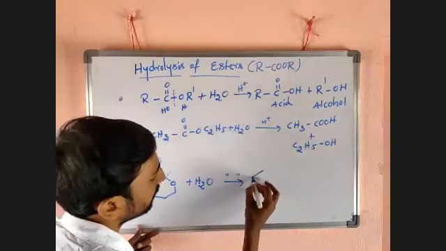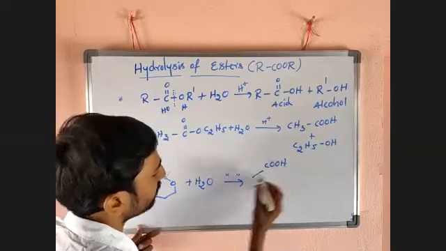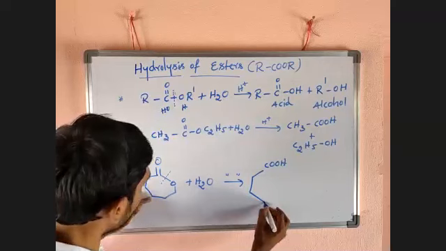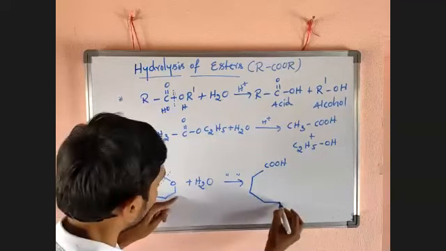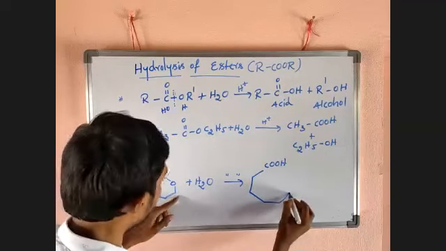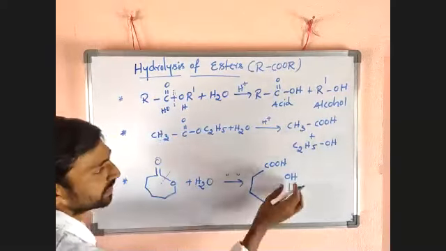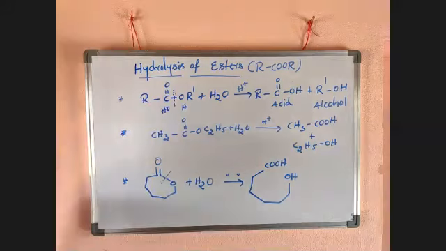There is a chain of carbons, and one side is alcohol, the other side COOH. It is a simple hydrolysis of an ester.